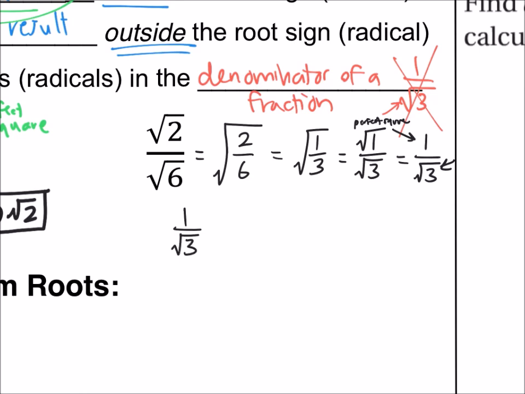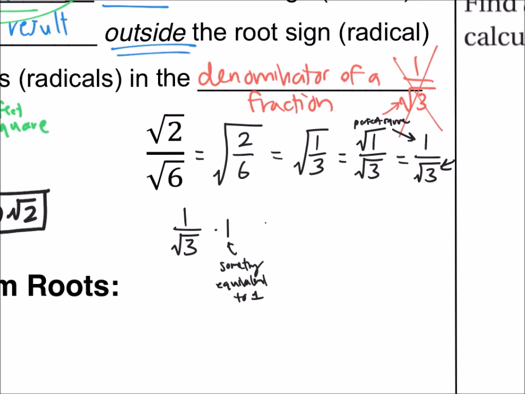The only way we can get rid of that is by multiplying by 1, or something equivalent to 1. You can always multiply something by 1 and still have it be equivalent to itself. So let's look for things that, if you multiply it, can make that radical go away.